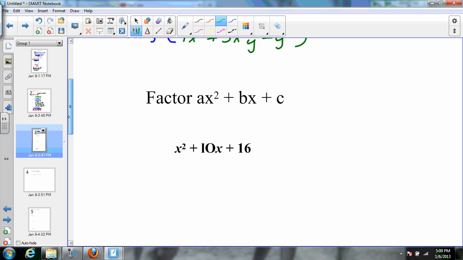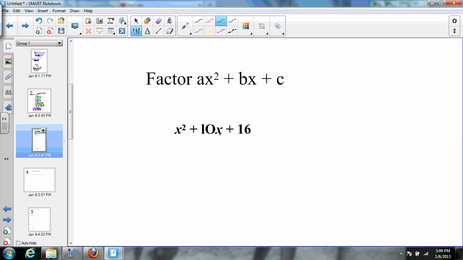Sometimes we'll have to factor a trinomial. It will be in the form of ax squared plus bx plus c. In one example, we have x squared plus 10x plus 16. I like to start by listing out my a, which is 1, b is 10, c is 16. I use the X method, where we go a times c and b.